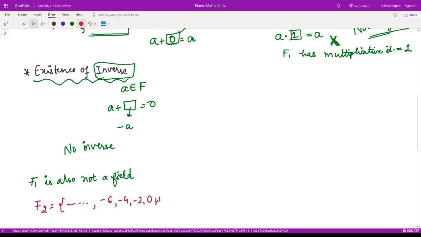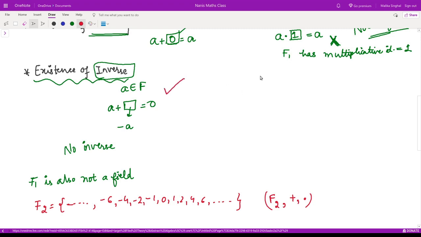Then I should have minus 1 also: minus 1, 0, 1, 2, 4, 6 and so on, right? So this set F2 together with the operations of addition and multiplication now satisfies these properties.